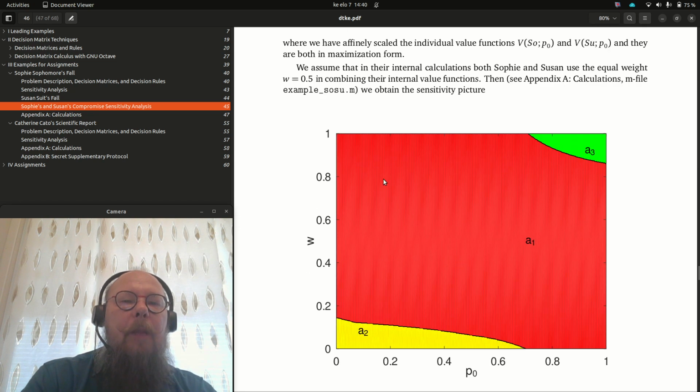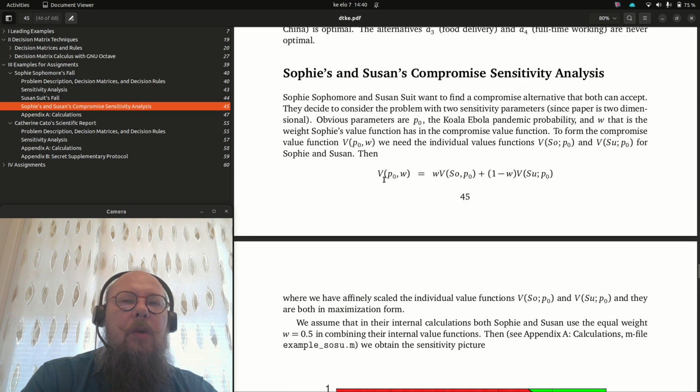And this is what happens. So of course, here I should have bars. Here I forgot. So always when I combine value functions, the value functions have to be the same scale, so they are scaled using the scaling function so that the values are between 0 and 1. Otherwise, combining value functions does not make any sense because they are in different scale, and adding up these things from different scale does not make sense.